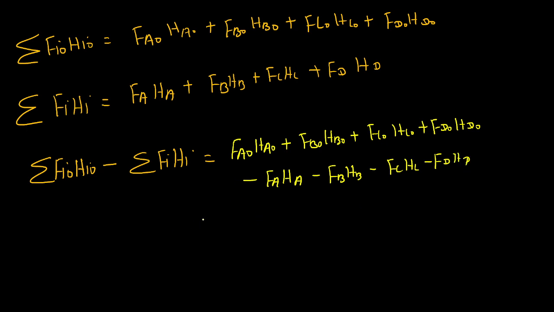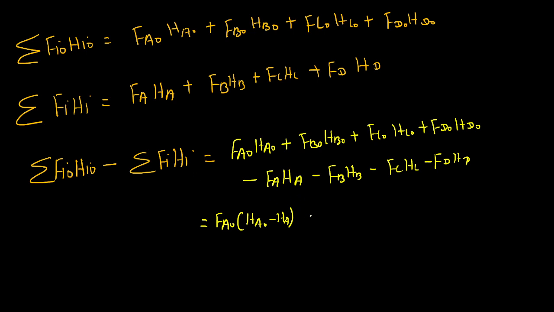So directly can I write Fa naught, here it will be equals to Ha naught minus Ha, and here we can substitute Fa is equals to Fa naught into 1 minus Xa, right?